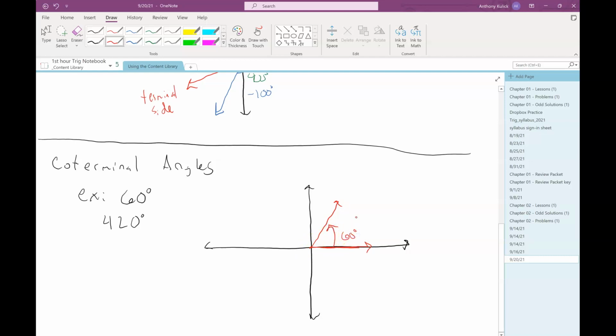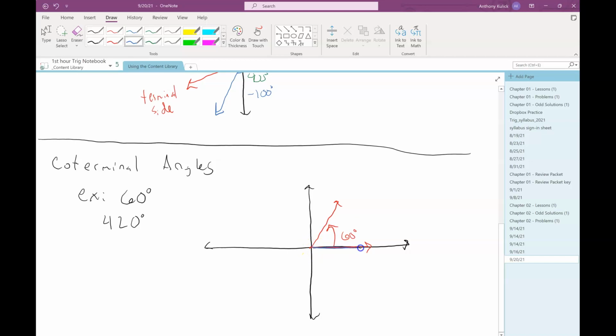And again, for something like that, I'm just kind of estimating, right? Basically, I just want to draw something that looks like it's more than halfway. 45 is halfway, so just a little bit past halfway is fine, right? We're not going to be too picky with that. We're not measuring anything. We're just kind of eyeballing it. We good there?